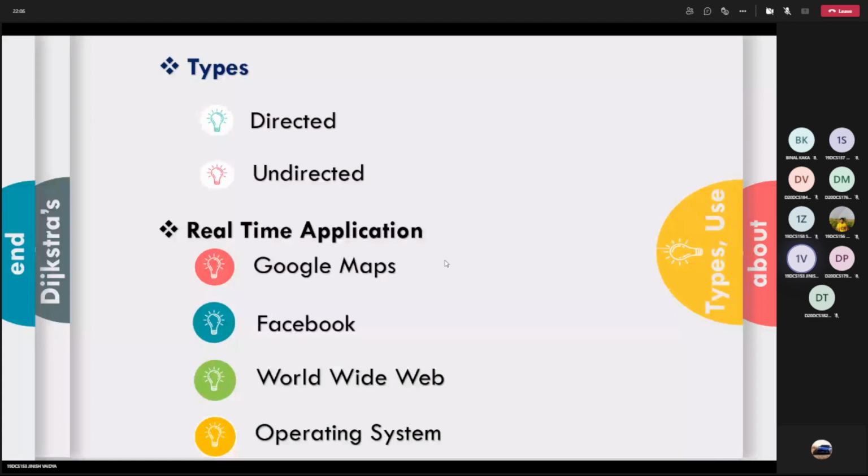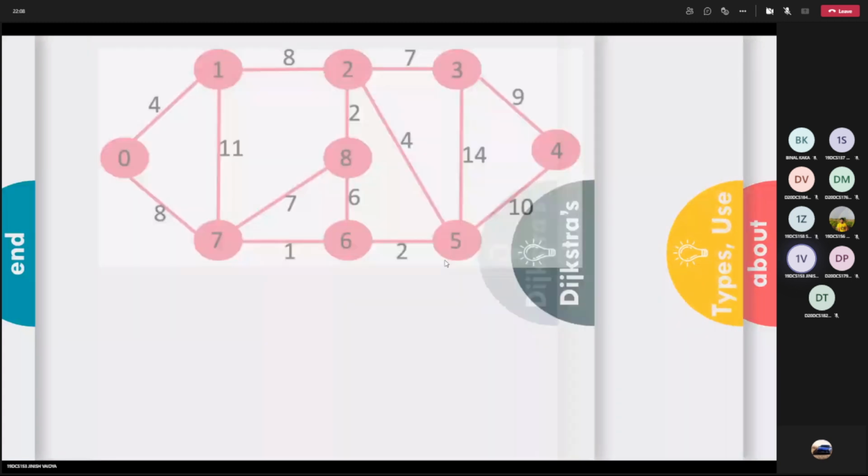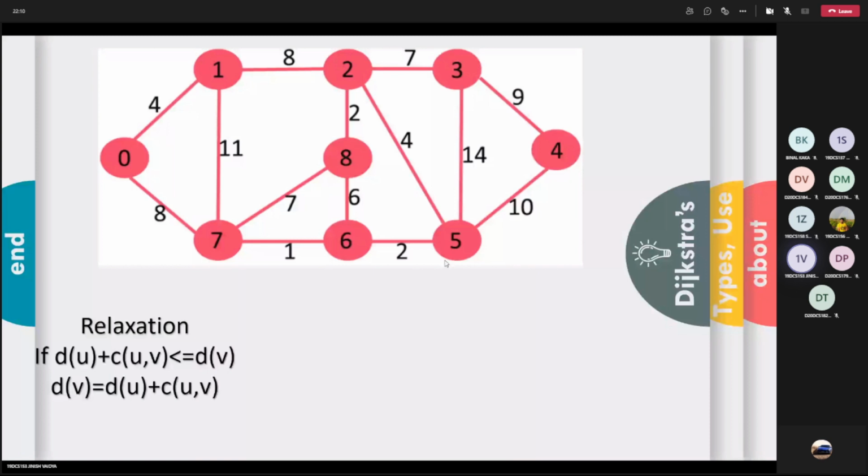Dijkstra's algorithm is used to find the single source shortest path, that is, to find the shortest distance of all vertices from a given source node or vertex. It uses a greedy approach, and relaxation is the heart of Dijkstra's algorithm. Values given to the edges are also called cost. This cost may be time, distance, or something else.